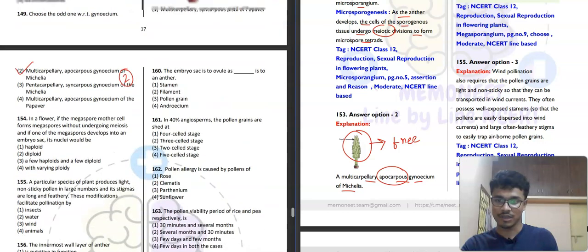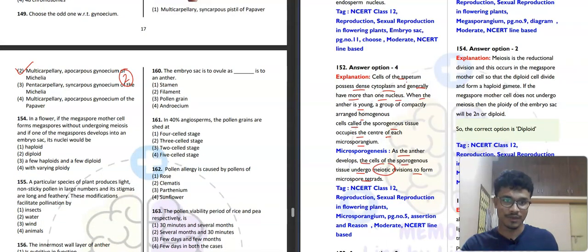Now moving towards the next question, 154. It is saying that in a flower, if megaspore mother cell forms megaspores without undergoing meiosis, and if one of the megaspores develops into an embryo sac, its nuclei would be haploid, diploid, a few haploid, a few diploid, or with varying ploidy. So let's understand this.